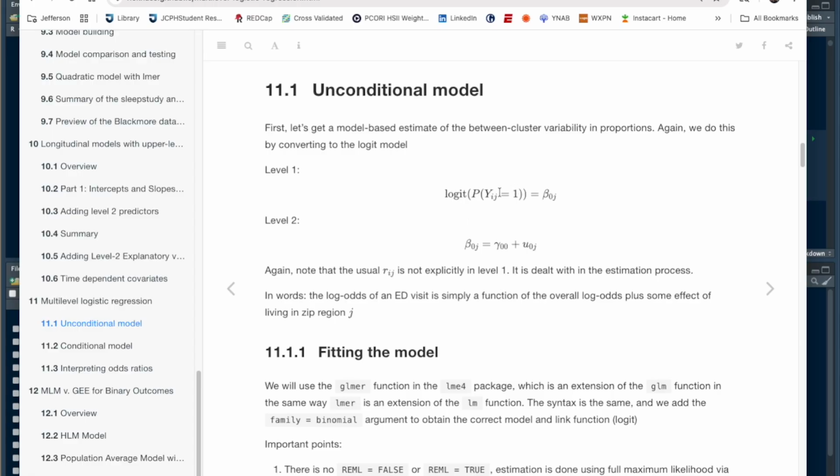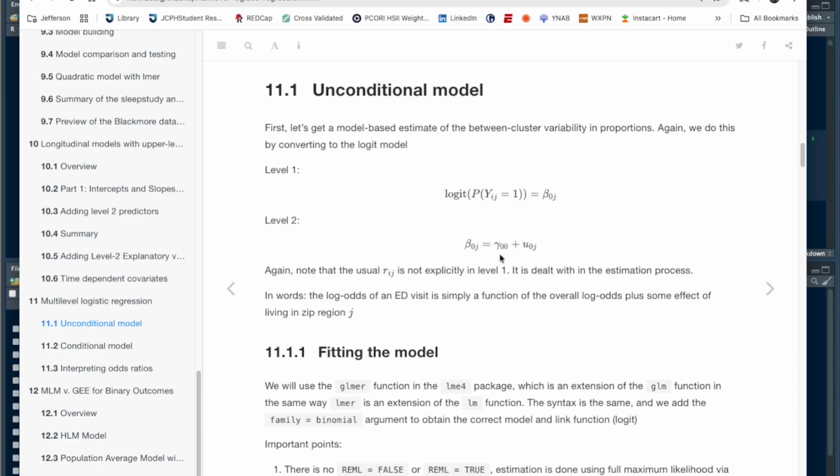We write it this way, logit P, the logit of the probability, which we can translate to odds. And we see that in the unconditional model, we allow each zip region J to have its own log odds for its residents.